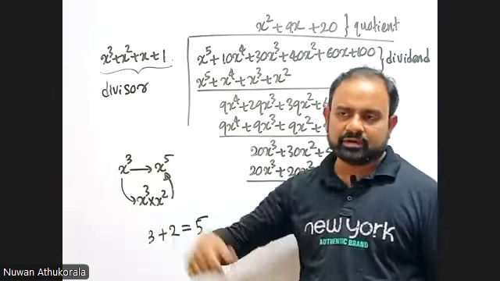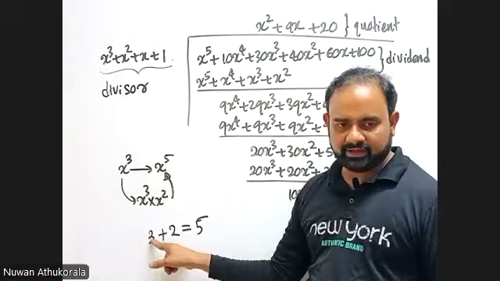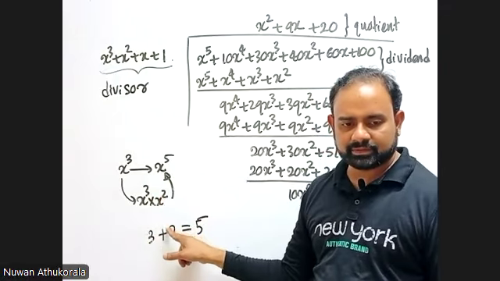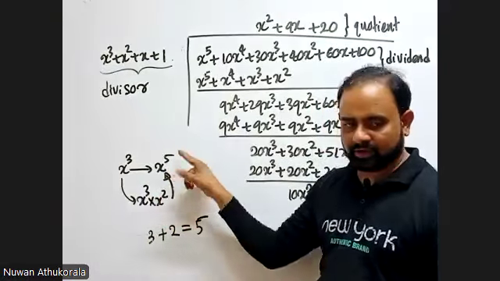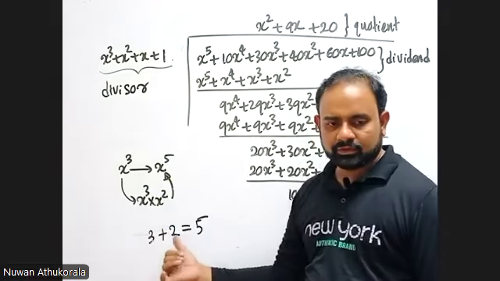Check the powers of these terms. S cube power is 3, x squared power is 2, answer is s to the power 5, power is 5. We know 3 plus 2 equals 5.